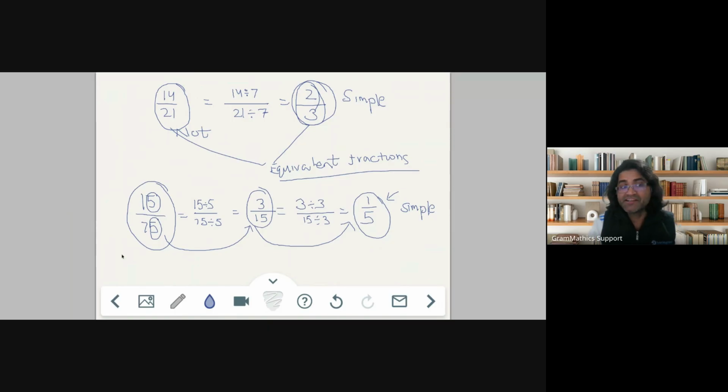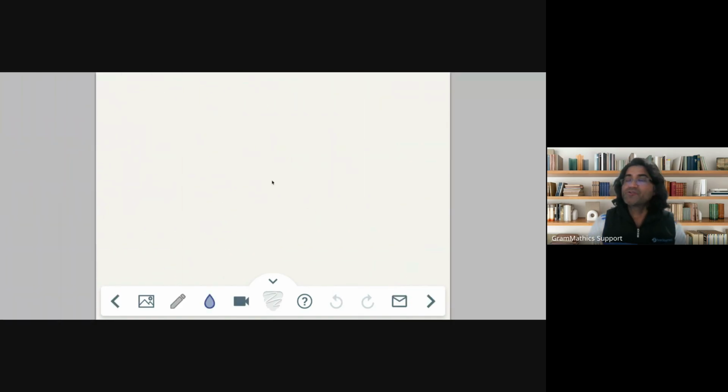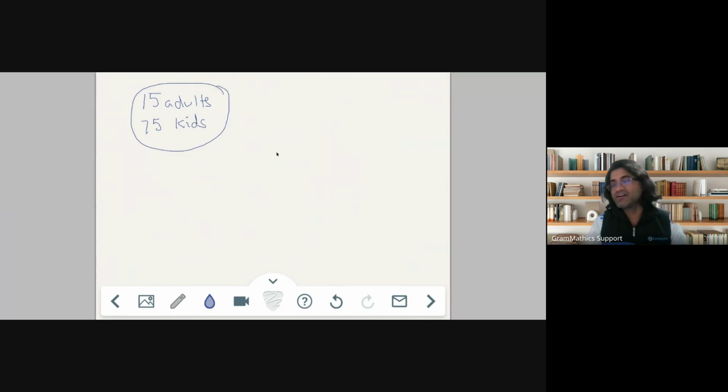Similarly in ratios, you may get questions where you have 15 adults in a gathering or party and 75 kids. Maybe it's a kids' birthday party, so kids are more. You're asked to find the ratio of adults to kids. 15 is against adults, 75 is against kids, so my ratio is 15:75.